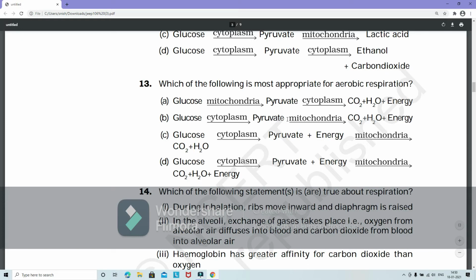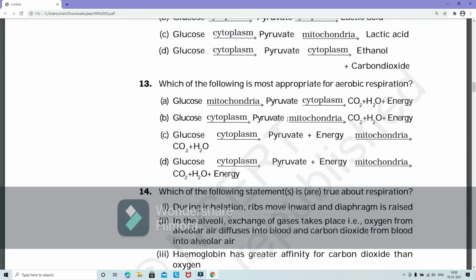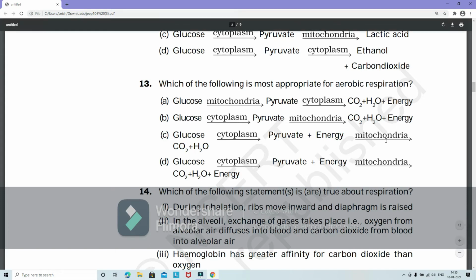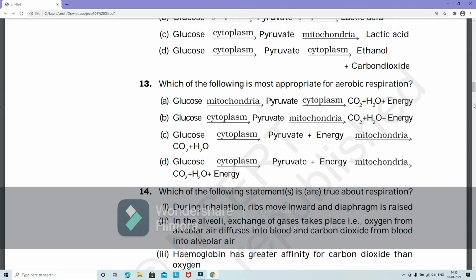If you haven't read the textbook and its picture properly, you will definitely mark B. But if you note one point in the textbook, you'll have pyruvate, a 3 carbon molecule, below that. Energy is also formed, so it should be C or D. Later in the mitochondria, finally energy is produced too, so it's option D. Energy is produced twice, once here and once here, so the 13th one is D.